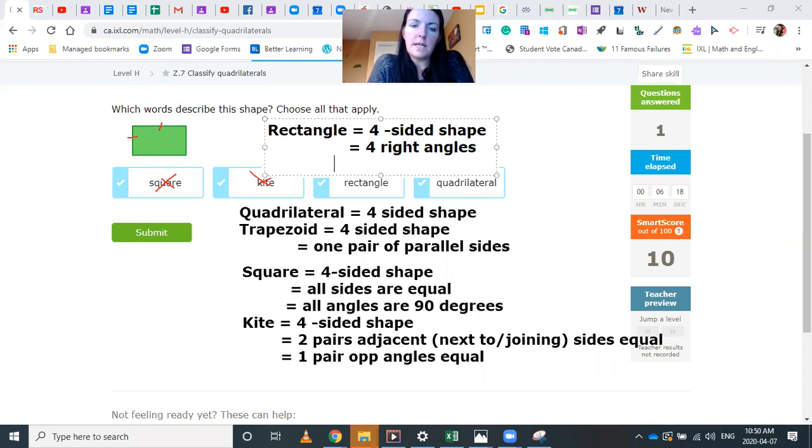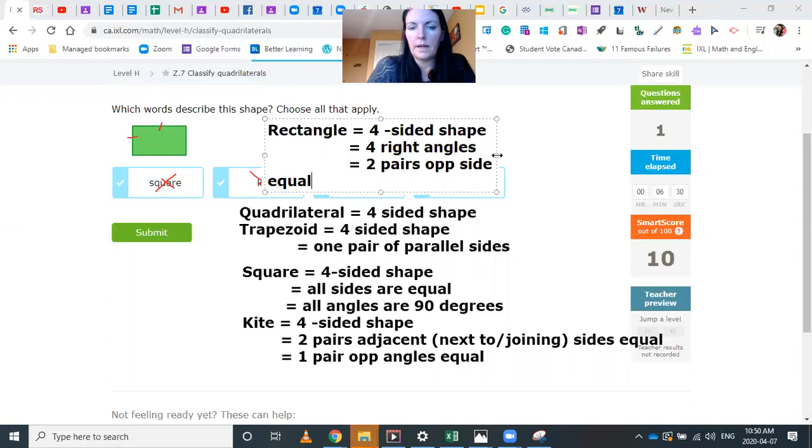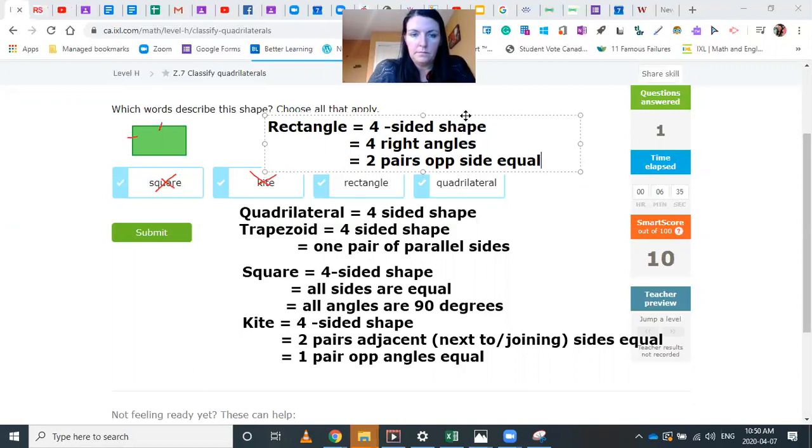And you will also see in a rectangle that opposite sides, that's right here, two pairs of opposite sides are equal. Now that is different to a square because those sides are equal and those sides are equal, and in a square, all four are equal.